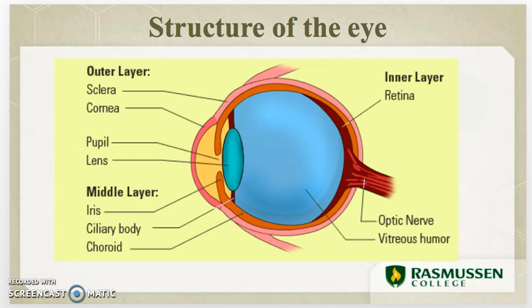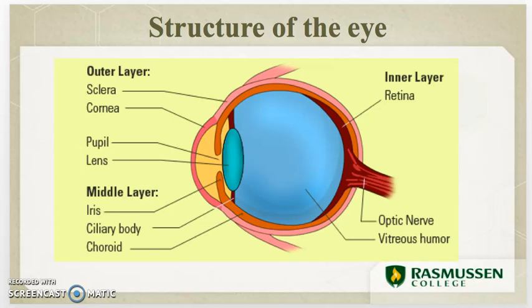Beyond that, there are external structures that are associated with the eye. Those structures serve as a way to protect and support the eye from any foreign bodies. Those are your eyelid, the conjunctiva, the lacrimal apparatus, and the extrinsic eye muscles.